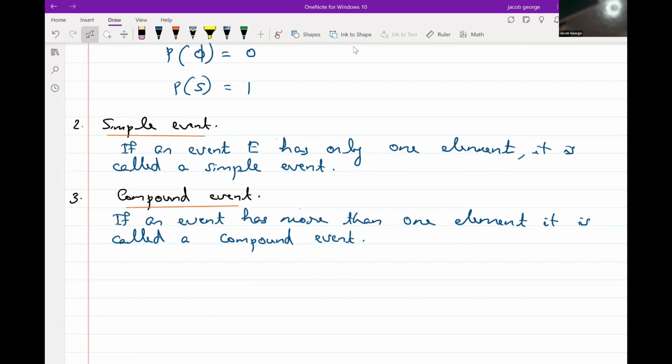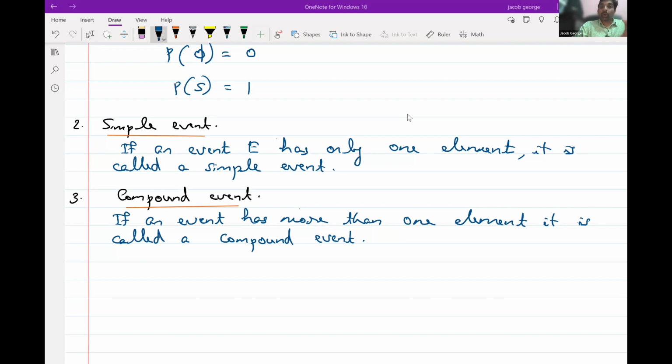Next, exactly similar to sets, we do the calculations based on events. In set, you studied union, intersection, complement, and difference. These notations we use here also as basic notations.